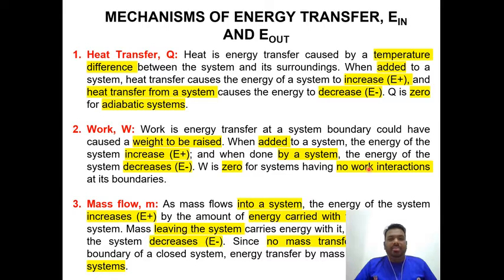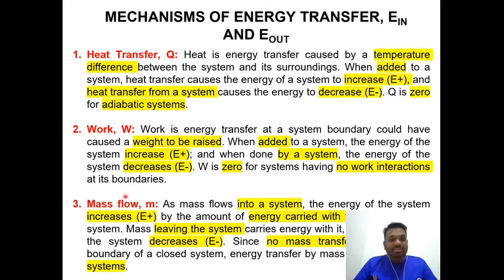Here also, when work is added to the system, you put E plus, and if it leaves the system, you put E minus. W is 0 for a system having no work interaction at the boundaries, meaning our system has a boundary, and no work is done from outside or from inside. So you can consider W as 0. But normally you will have work done in the system.